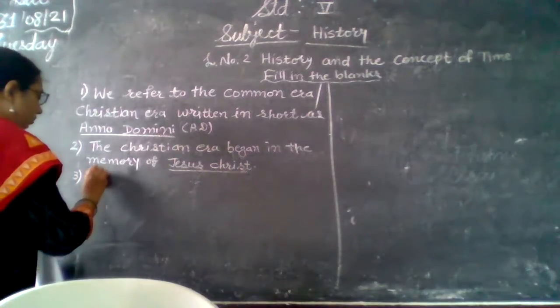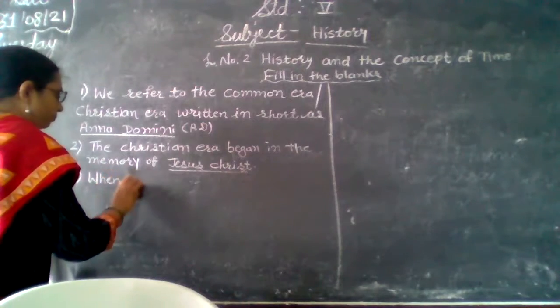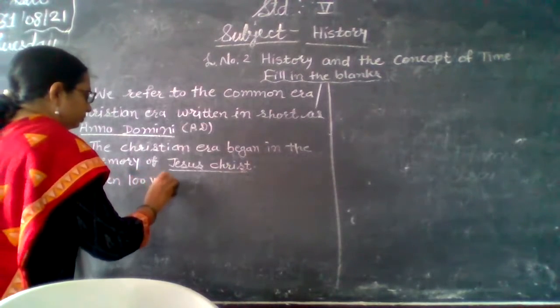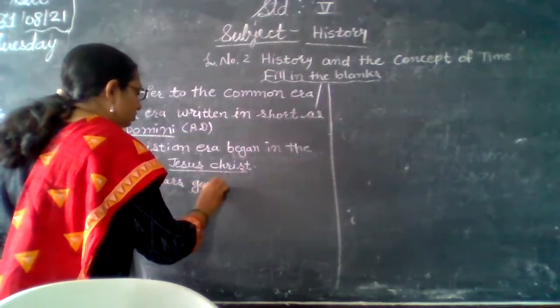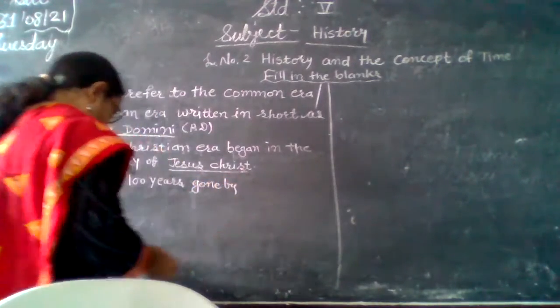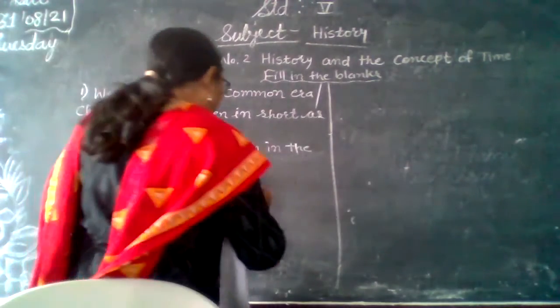When 100 years gone by, a century is completed.